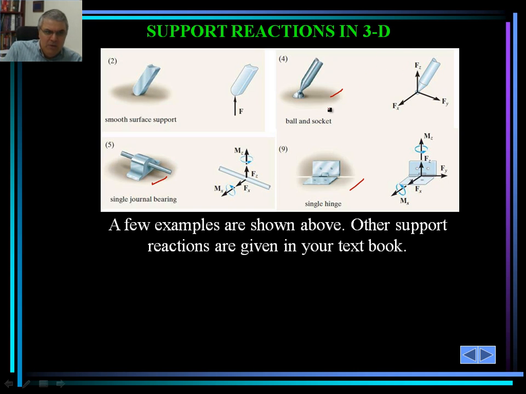For a ball support, it is free to rotate in three directions. It only has constraints against the translational movement. As such, F sub x, F sub y, and F sub z would be the only three reactive forces.